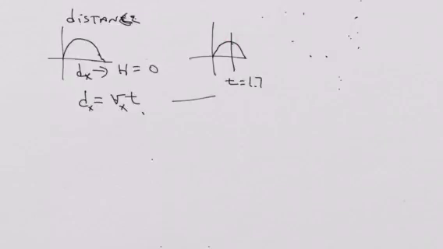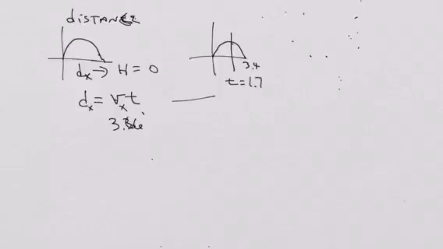But parabolas are symmetric, so it must have taken about 3.4 seconds in total. There are other ways to figure this out, but that's the easiest. And v sub x is going to be, was it 3.36 or 3.64?